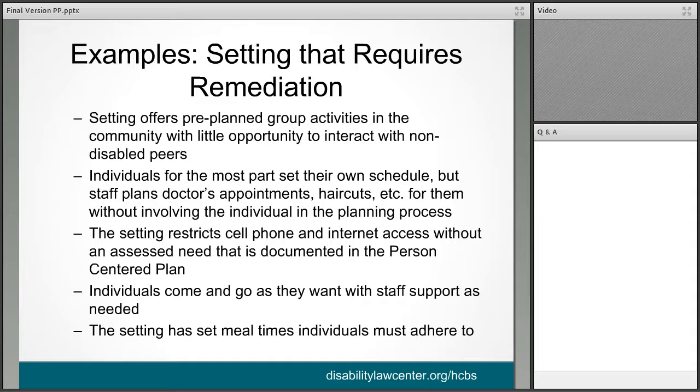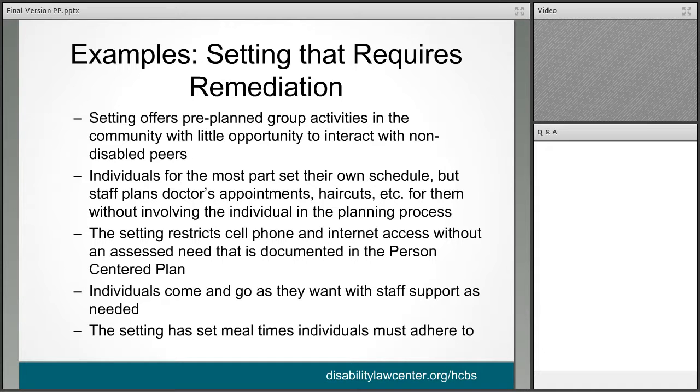Okay, so if that's a compliant setting, then what would a medium setting, or a setting that is going to require some remediation or some changes, but would not likely be subjected to heightened scrutiny, look like? Well, based on the information from CMS and some of our preliminary data gathering, we think that it would look something like this.